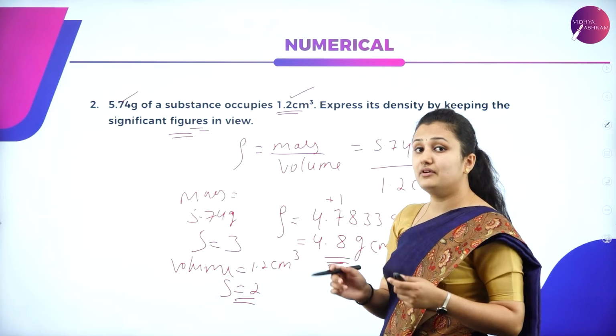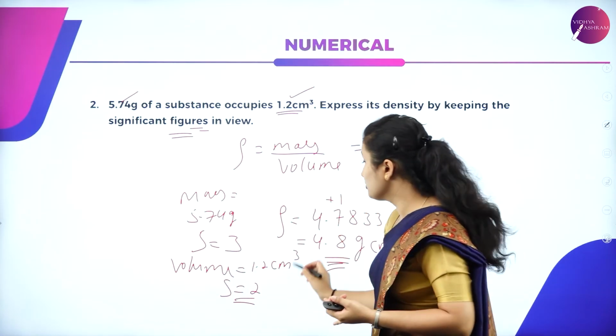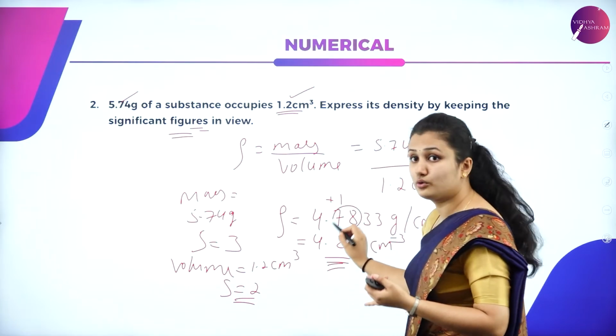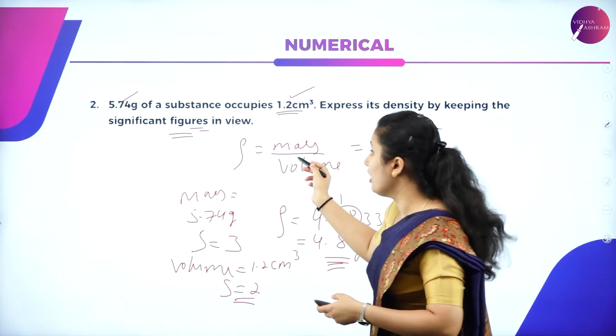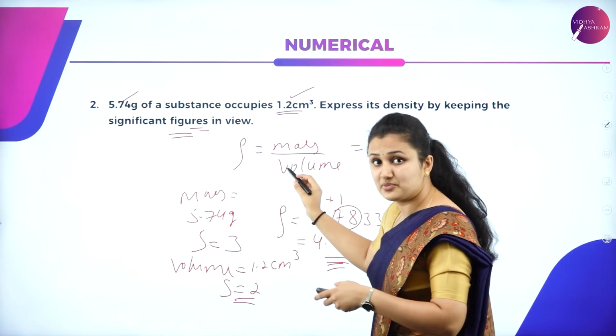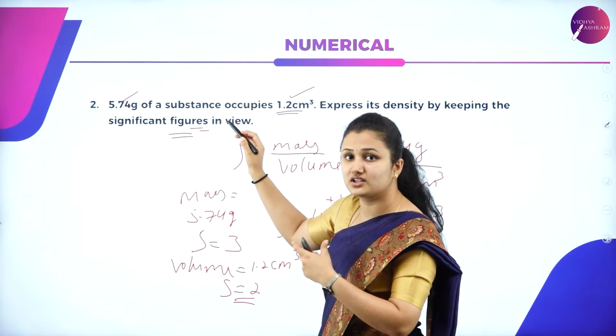This is how, whenever you calculate the last answer, keep the rules in your mind. You should know how you round off significant figures, and whether it is multiplication or division, or whether it is addition or subtraction. For arithmetic operations also, significant figures should follow certain rules.